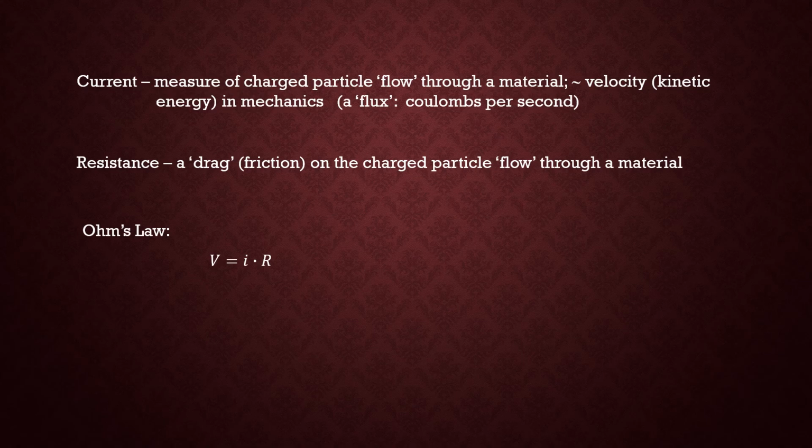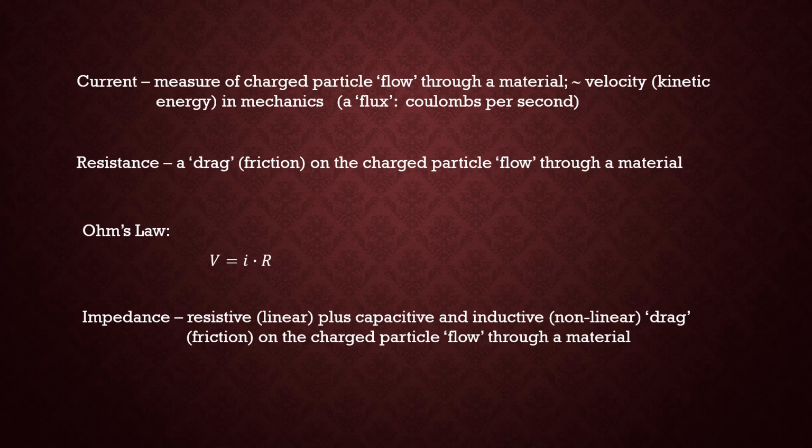The overarching or principal equation used to describe this phenomenon, the relationship between the electromotive force, the voltage, and the current that flows through it and the material itself, is Ohm's law. So the impedance is largely the same definition as the resistance, except that you include capacitive and inductive contributions, nonlinear in other words.